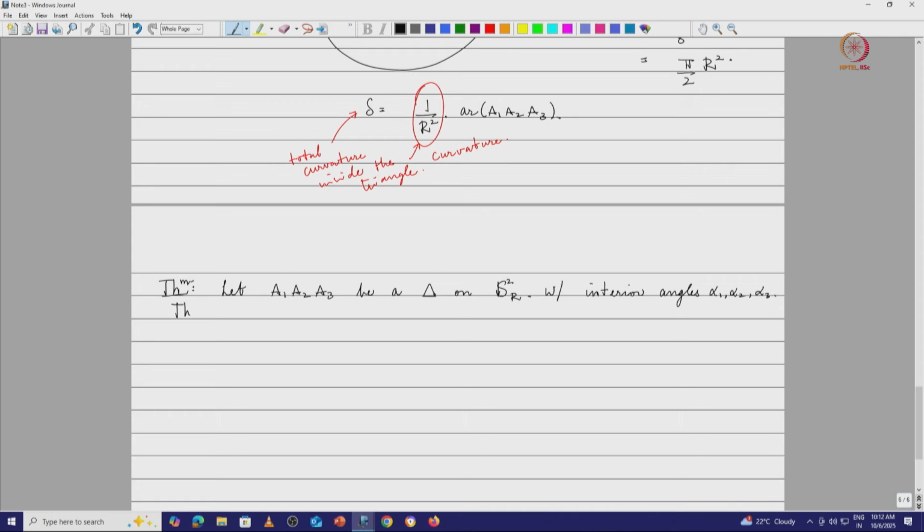Then the sum of the alpha i's is going to be pi plus some positive number, and what is that positive number? That's precisely going to be 1 by r squared times the area of the triangle.